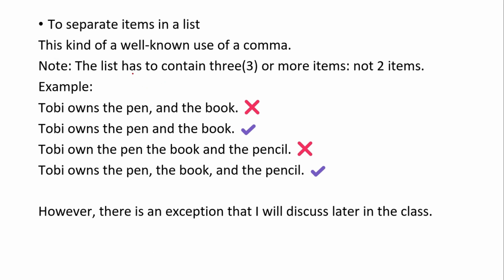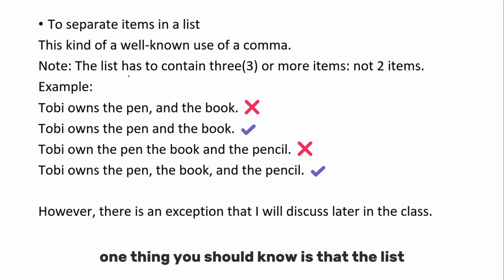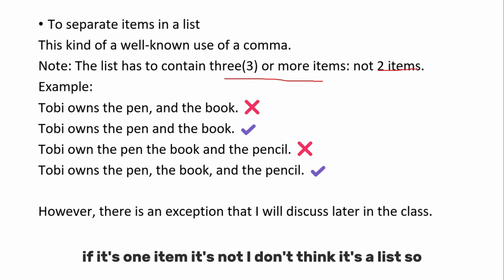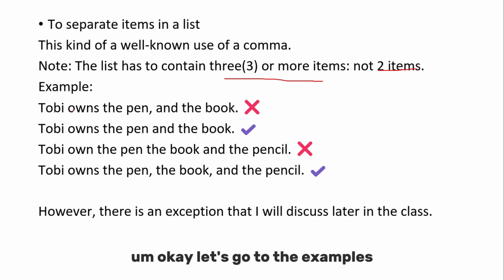One thing you should know is that the list has to contain 3 or more items, not 2 items. Of course, if it's 1 item, I don't think it's a list. Okay, let's go to the examples. We have: Toby owns the pen and the book.